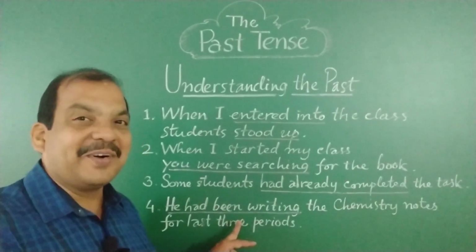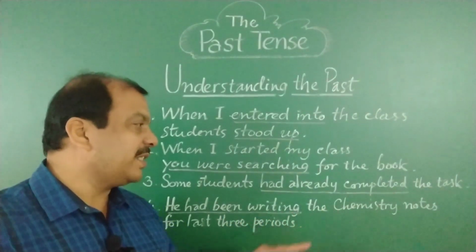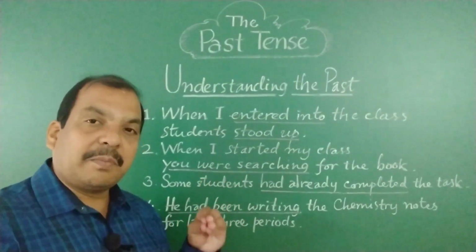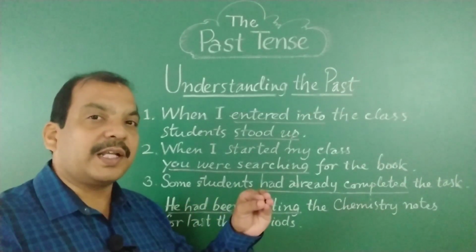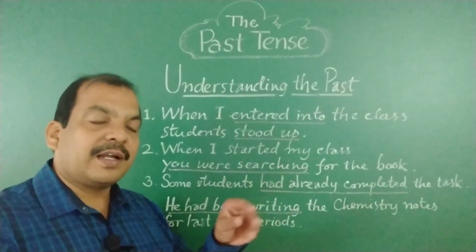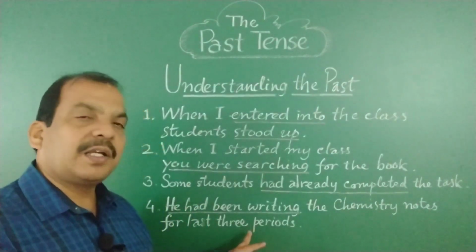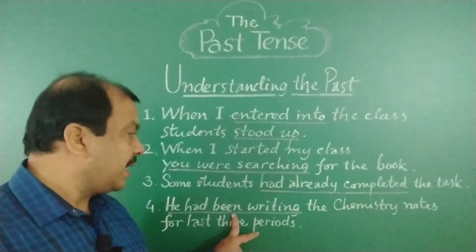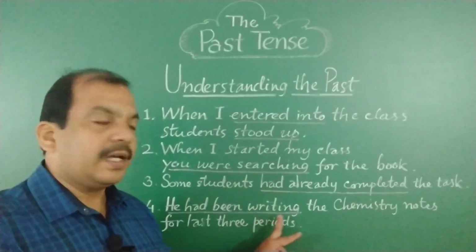So he had been writing the chemistry notes for the last 3 periods, and an earlier past action was continuing, was in progress for a long period till the time of speech. We use the past perfect progressive: subject plus had plus been plus V plus ing, the base form of the verb plus ing, writing.